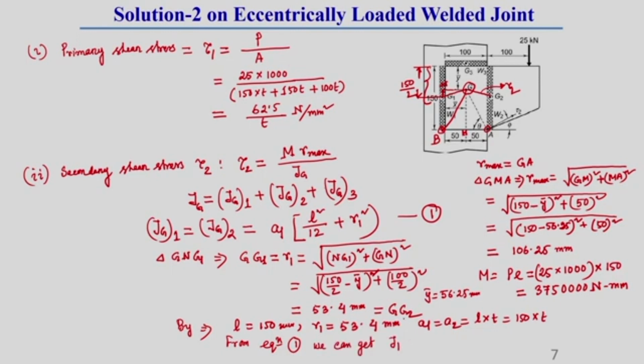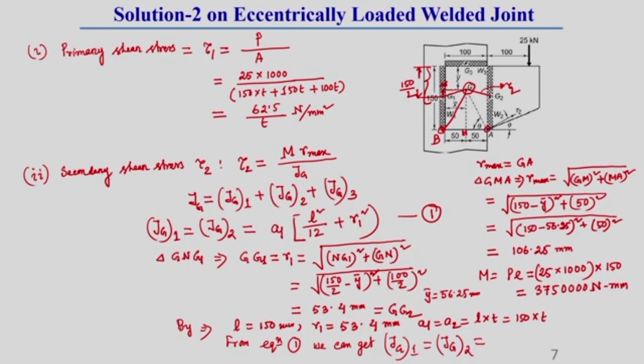JG of weld 1 equal to JG of weld 2, directly I am just putting these things in equation 1, and whatever the magnitude we are getting, I am showing directly.